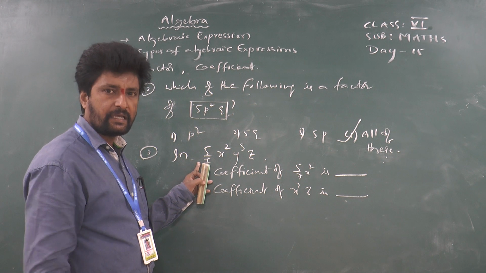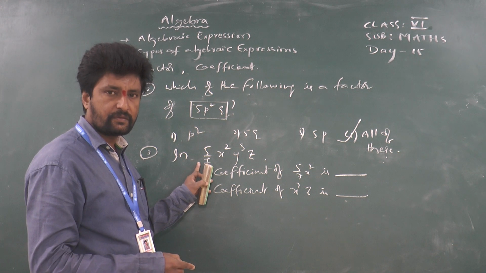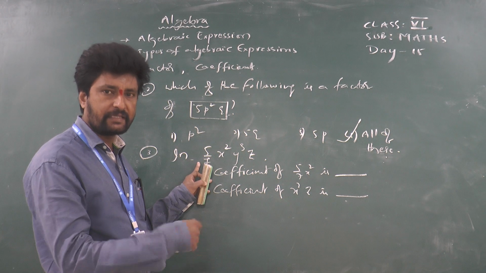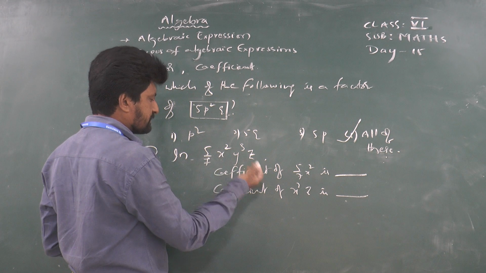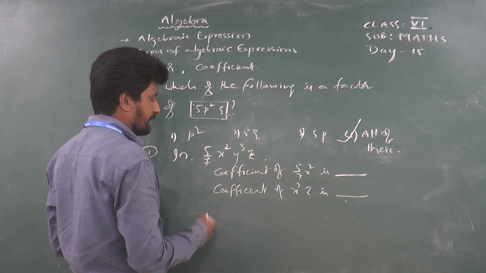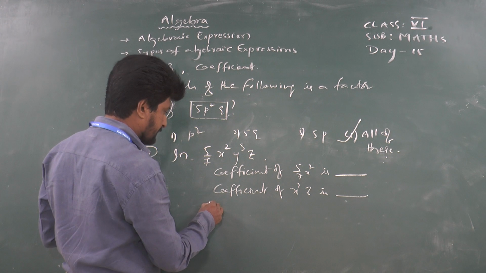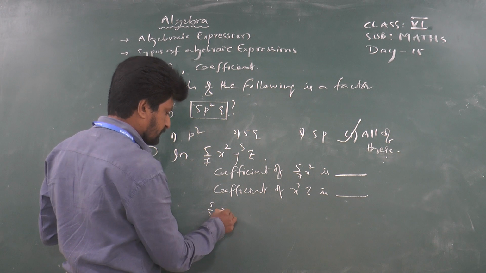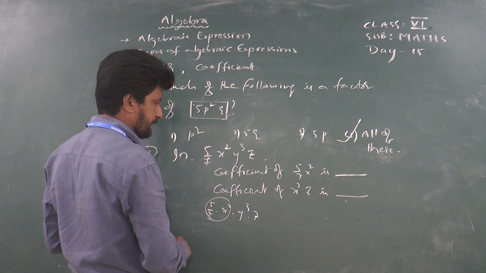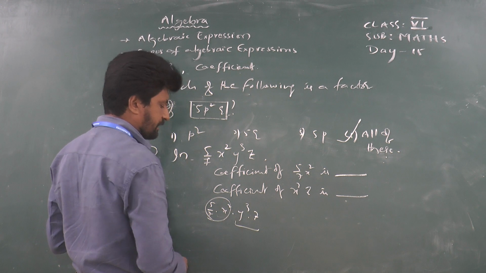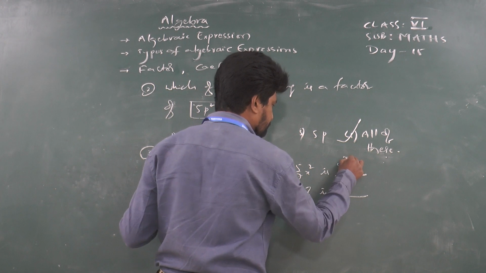That means 5 by 7 x square we take. The product formed by the other factors, what are they? See, 5 by 7 x square y cube z, now this one I took. This is the coefficient of the product formed by the other factors, that is y cube z.